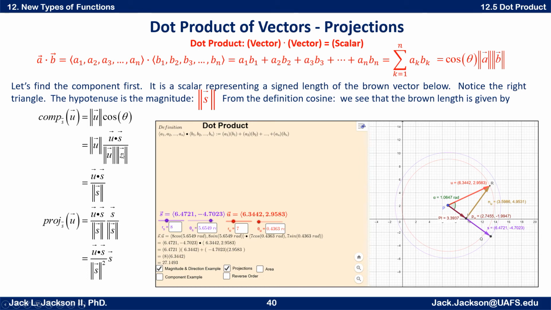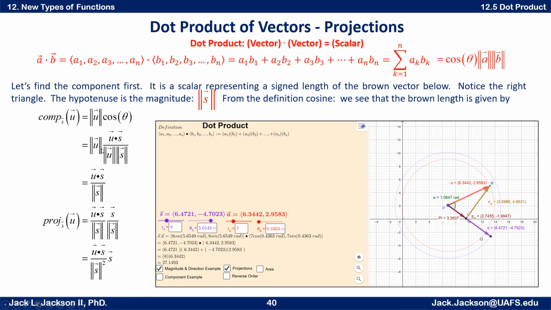Okay, so now if we were to take this and multiply this by, let's see, if we take the cosine of theta, we can replace that by the dot product divided by the two norms.